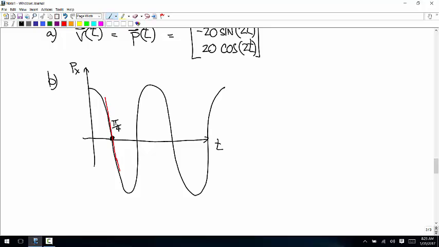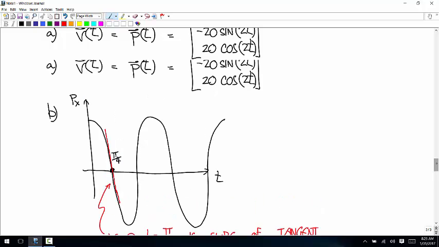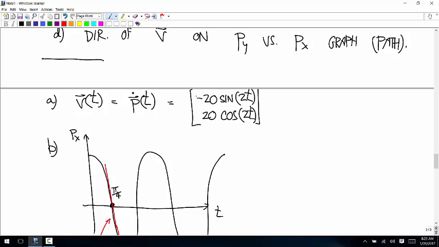And so Vx at time equals pi over 4 is the slope of this tangent line. So let's look at this function and see if that makes sense.